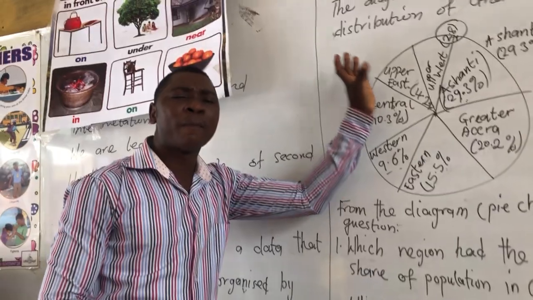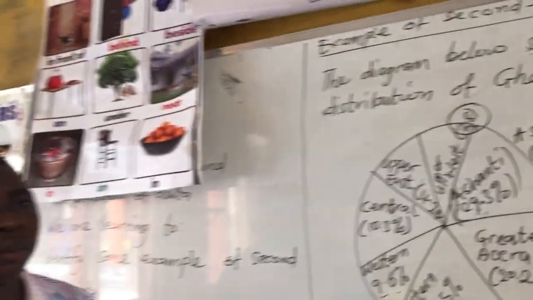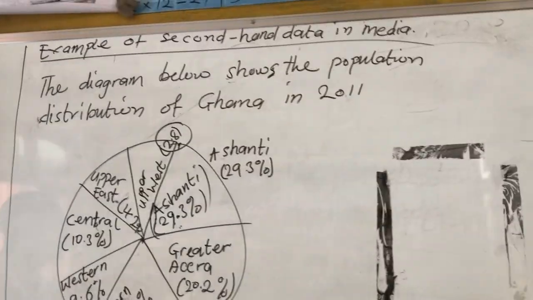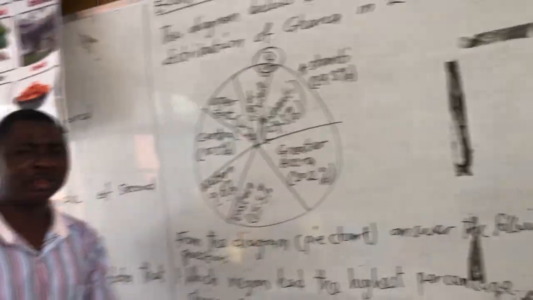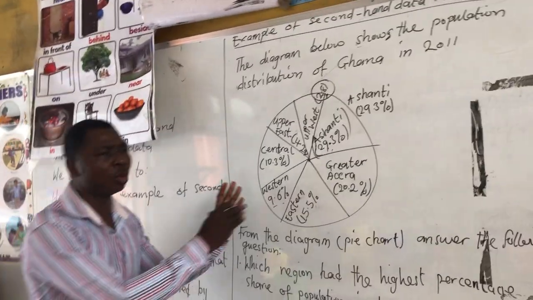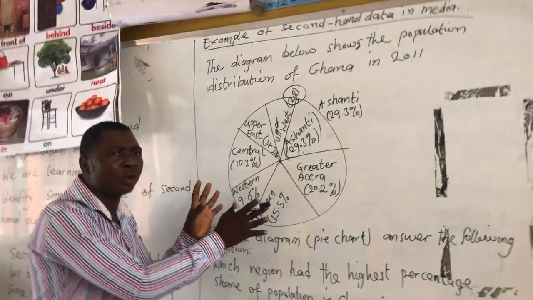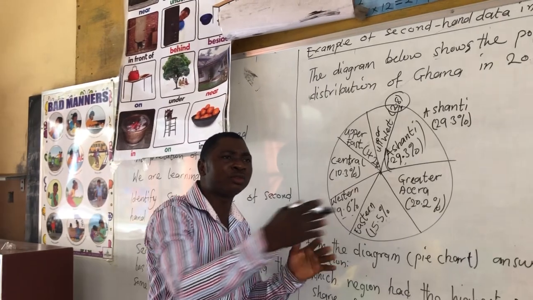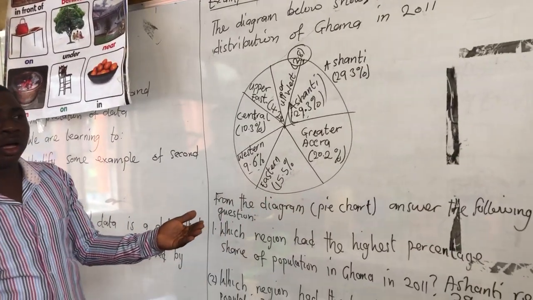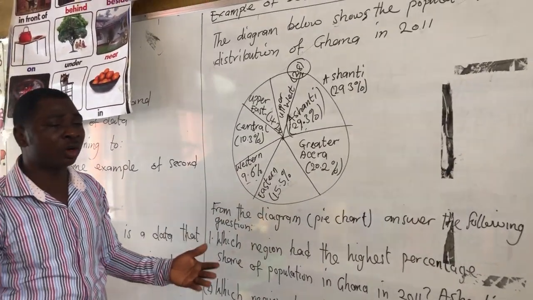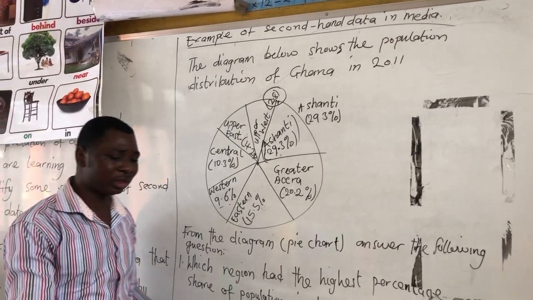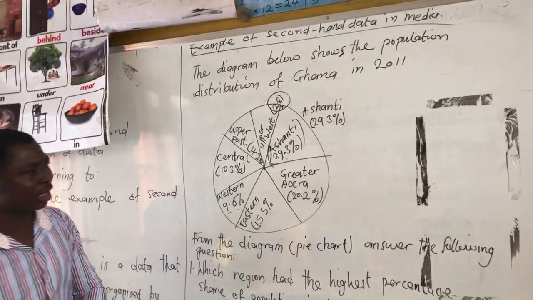So this becomes second-hand data, also known as secondary data. And this information is from the media. You can also get information from a magazine, or from any daily graphic or other graphic.